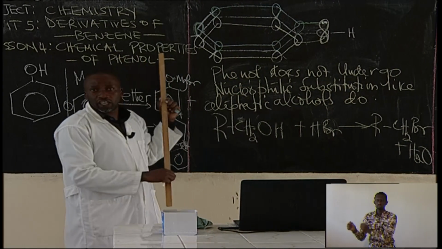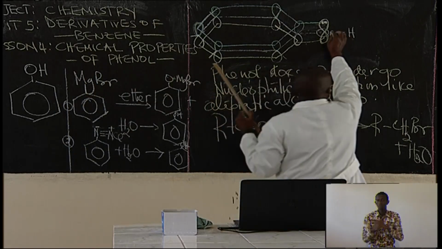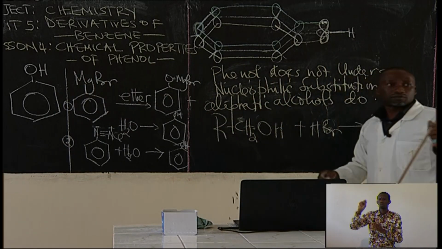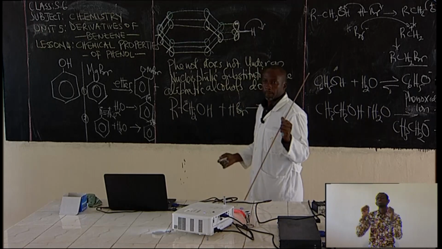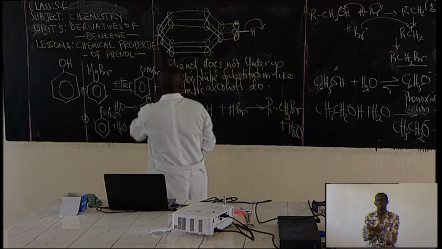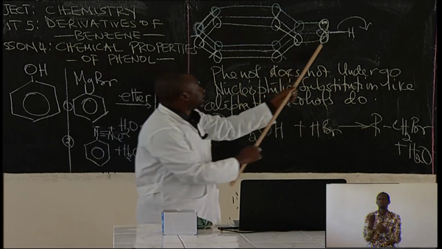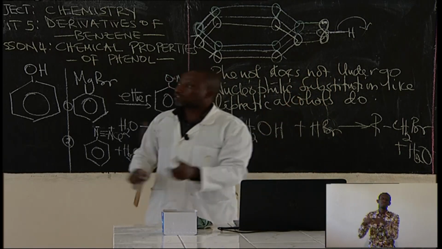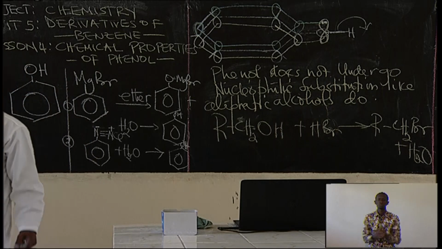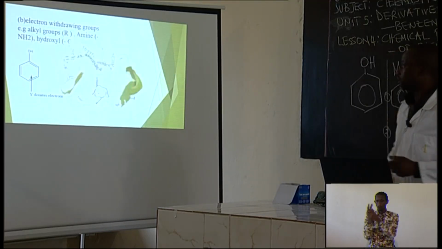Once they are moving inside, this bond is weakened much further, because the electrons are pulled away from the bond, and it can easily break away. So electron withdrawing groups increase the acidity of phenol compounds.